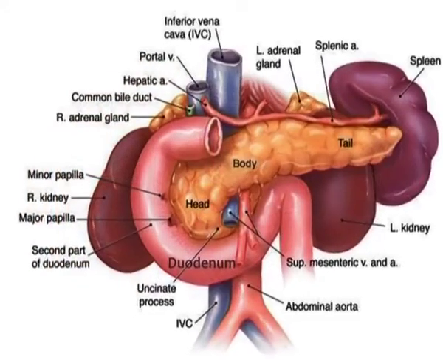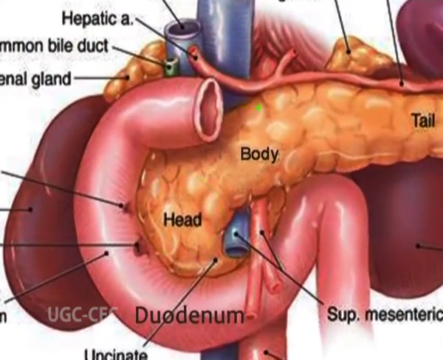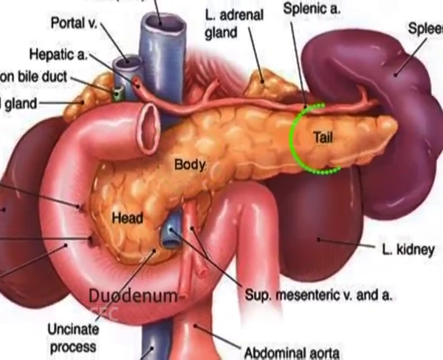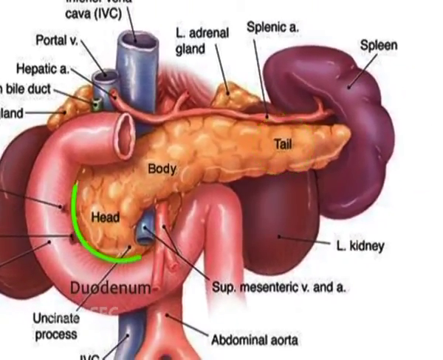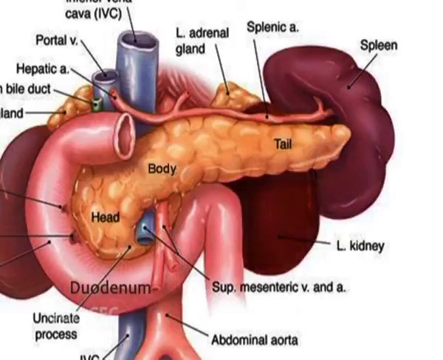The pancreas comprises the head, body, and tail. The head lies in the C-shaped curve of the duodenum, the body behind the stomach, and the tail reaches the spleen lying in front of the left kidney.